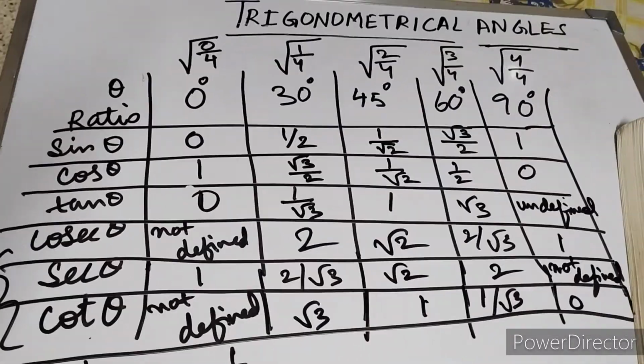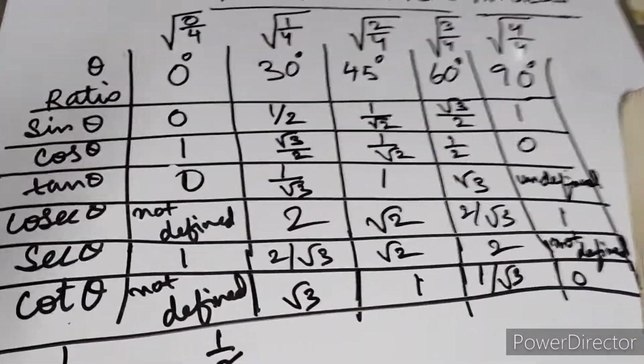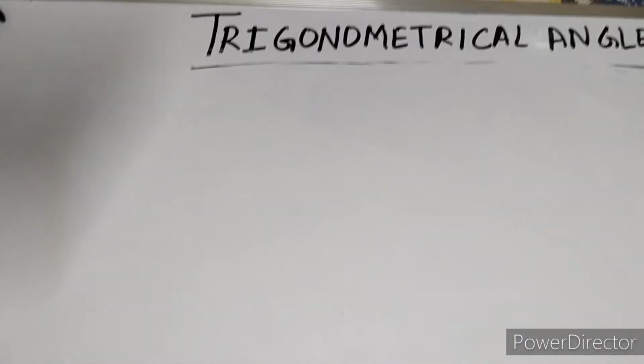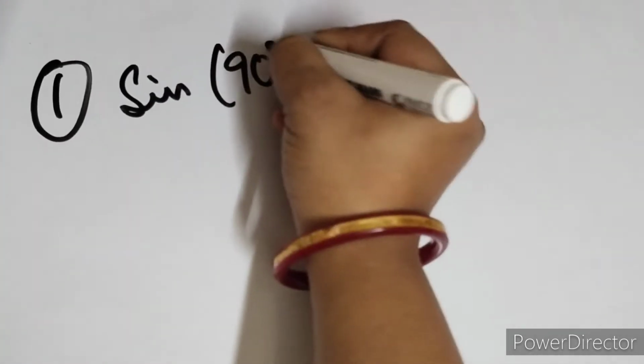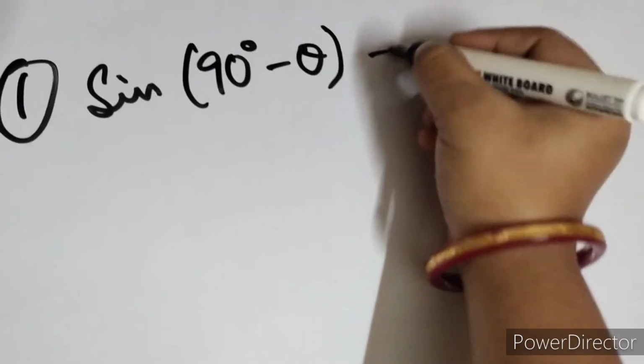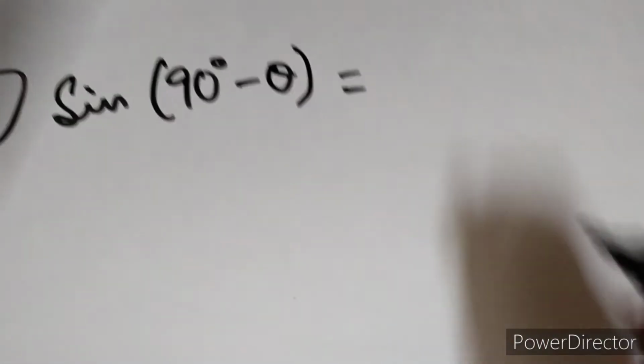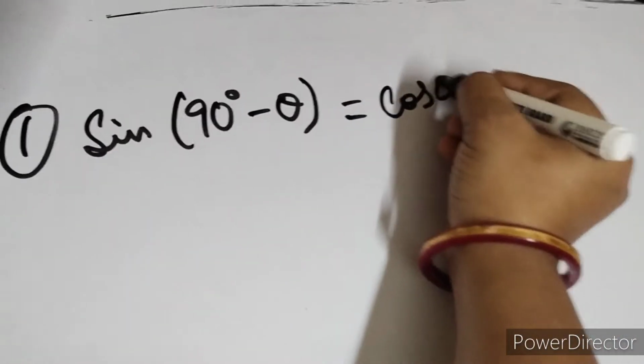That this trigonometric angles chapter is clear right now. Now there are a few more trigonometric ratios of complementary angles. There are some relations. One is sine of 90 degree minus theta. When we do it, sine 90 minus theta becomes cos theta.